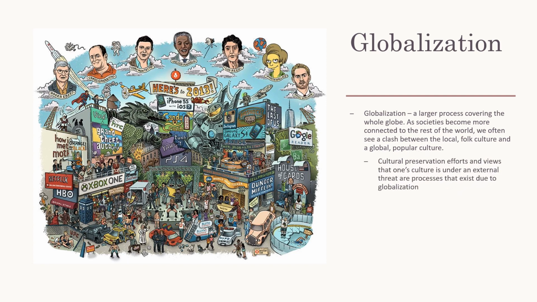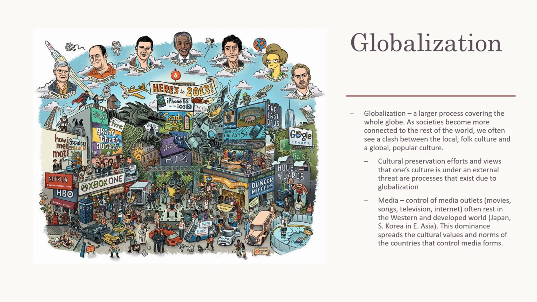Cultural preservation attempts are rising in some sense, where you see cultures that feel as if they are under threat from this external process that exists due to globalization. And it's oftentimes a response in order to try to retain one's culture and one's beliefs.